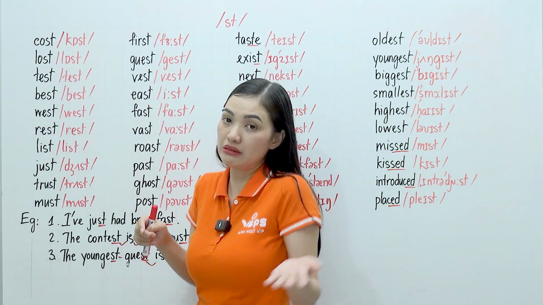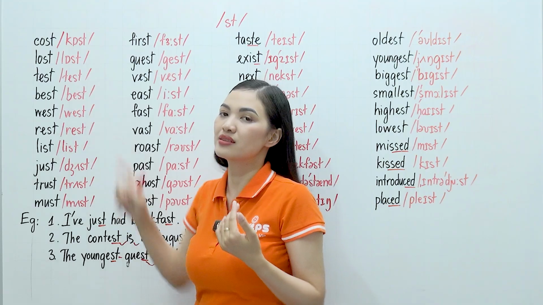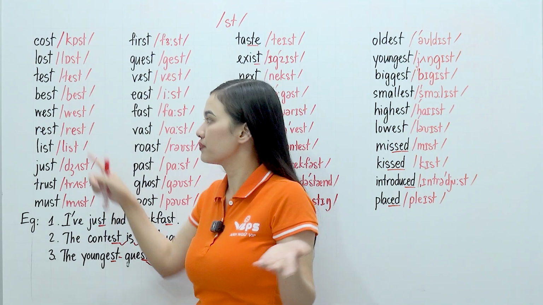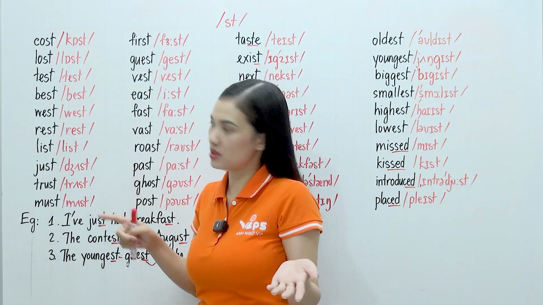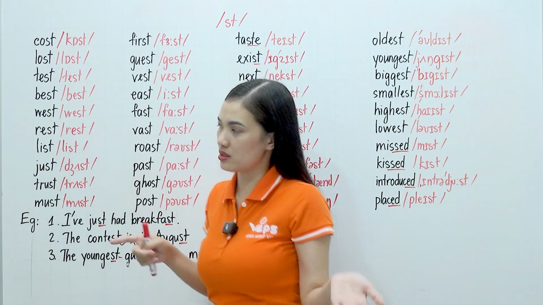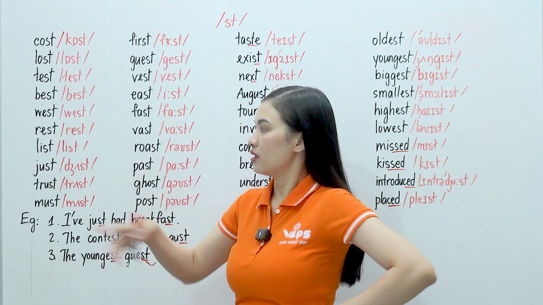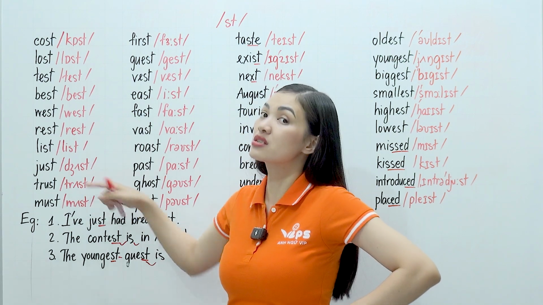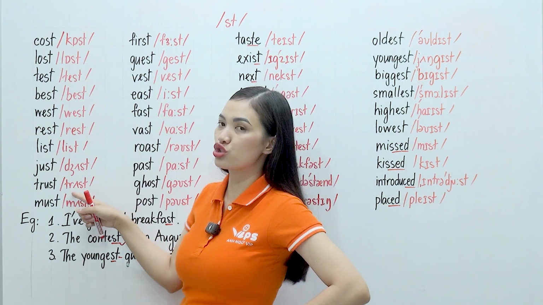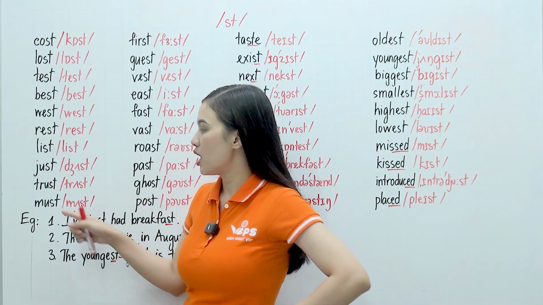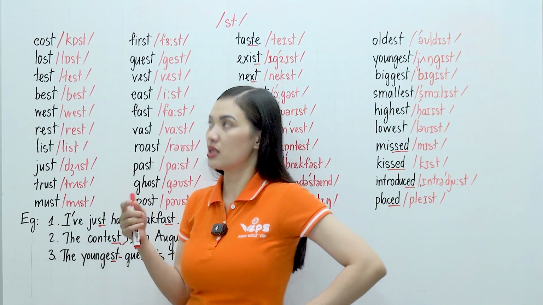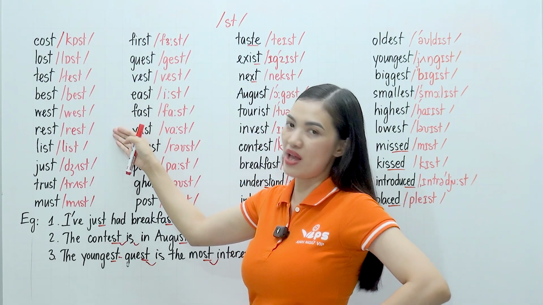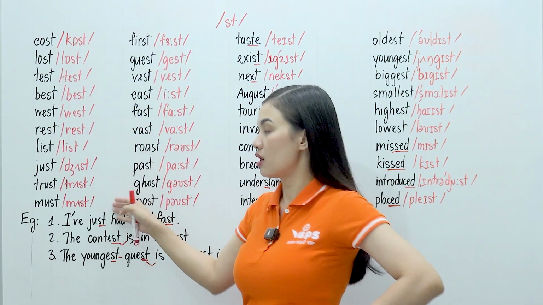Lost, test, best, west, rest, list, just, trust, must. So again, cost, lost, test, best, west, rest, list, just, trust, must.